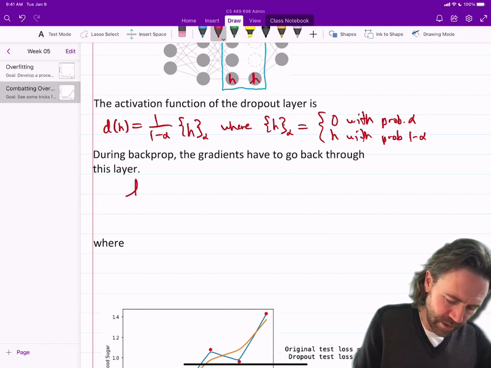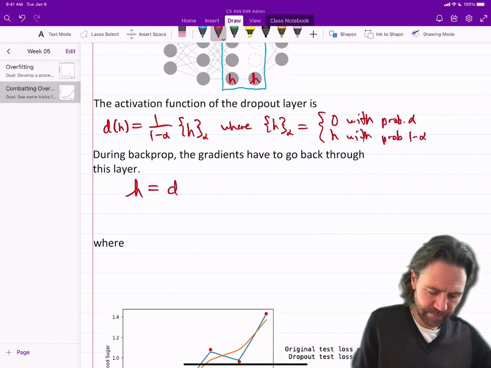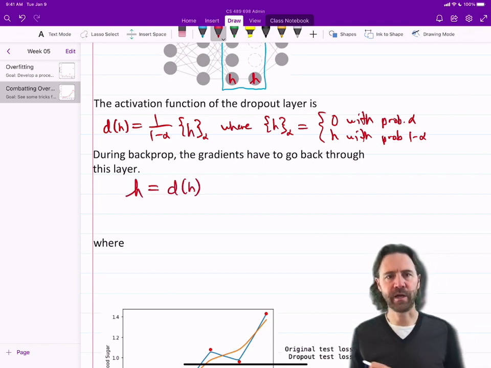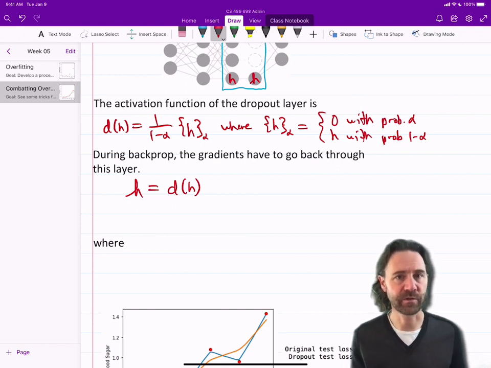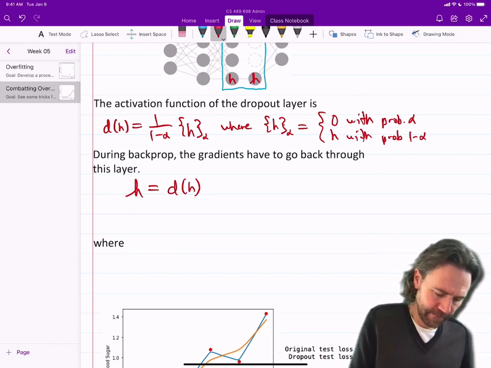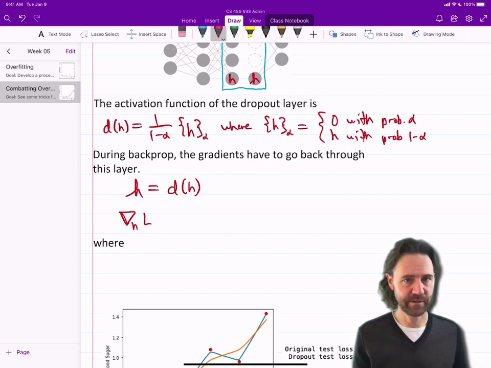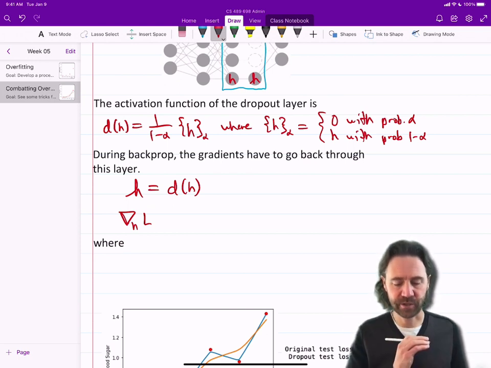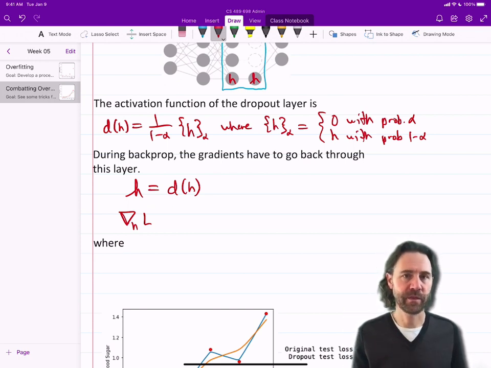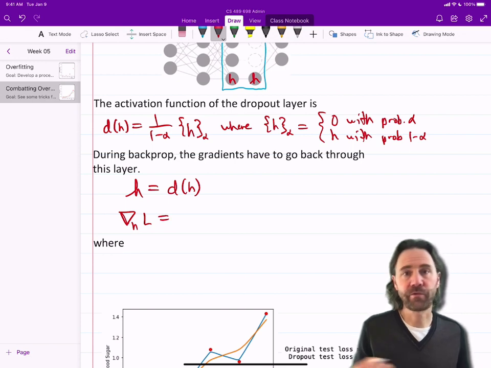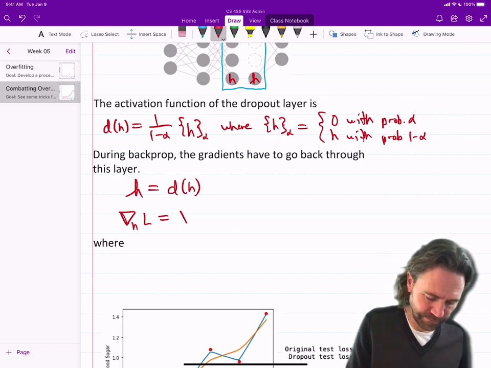So we know that the scripted H from the dropout layer will be applying the activation function to that. And ultimately, when we look for the gradient of our loss with respect to that layer H, we'll have to go through that dropout layer.